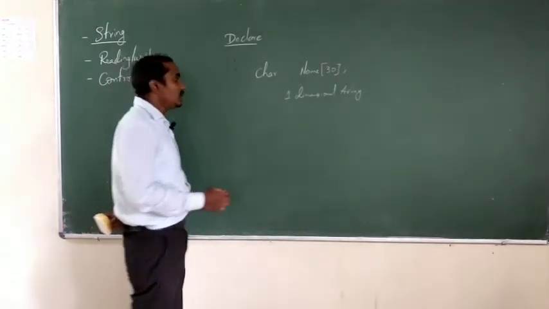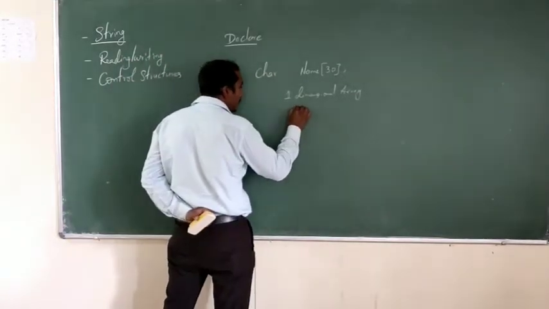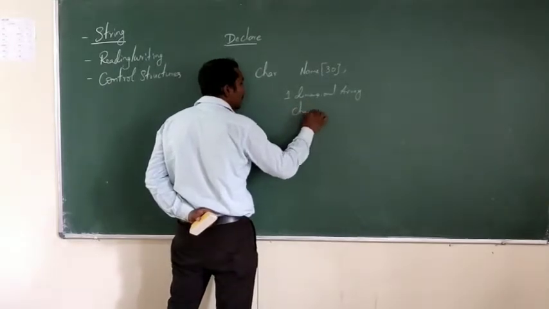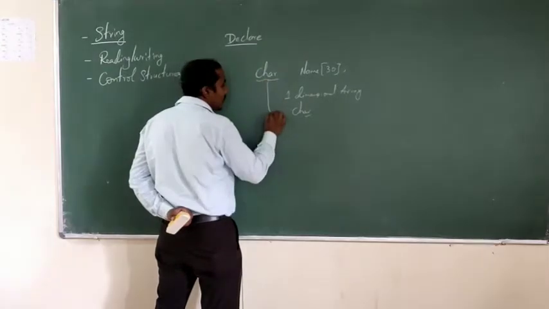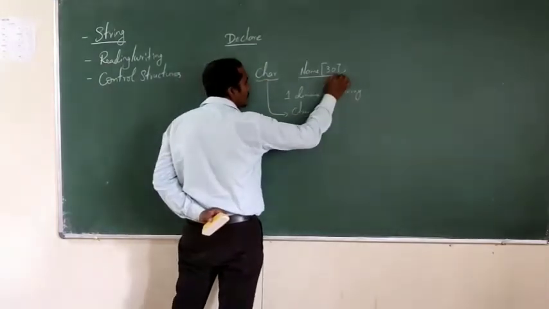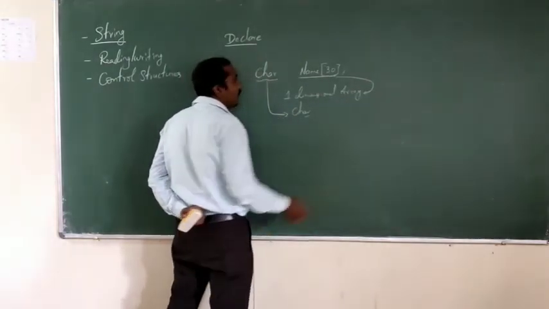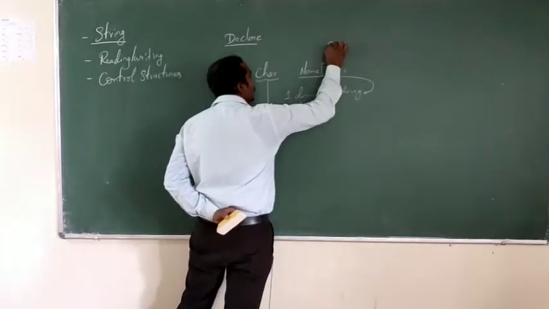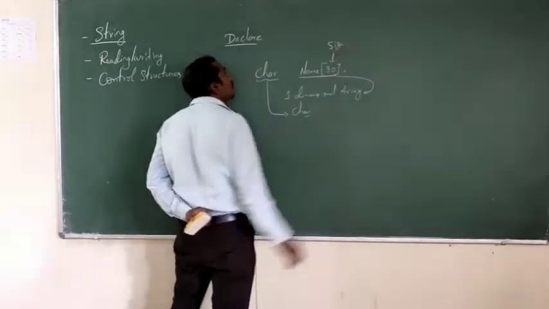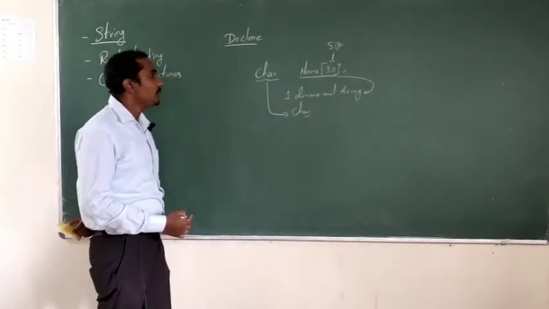which has the data type as character, and here you can see this represents the data type. This is nothing but the one dimensional array that we have created. This represents the number of characters, that is the size of that particular variable name, which is 30.